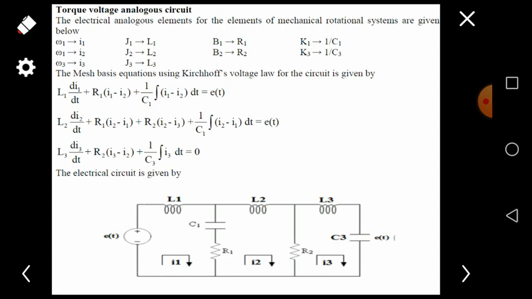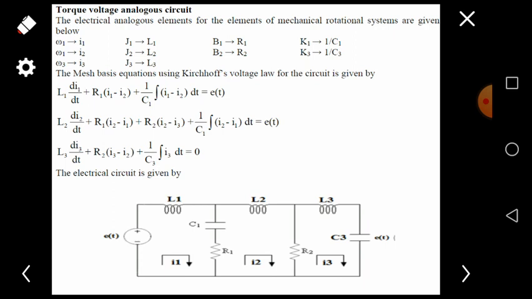L2 into di2 divided by dt plus R1 into (I2 minus I1) plus R2 into (I2 minus I3) plus 1 by C1 into integral of (I2 minus I1) dt equal E of t. L3 into di3 divided by dt plus R2 into (I3 minus I2) plus 1 by C3 into integral of I3 dt equal 0.